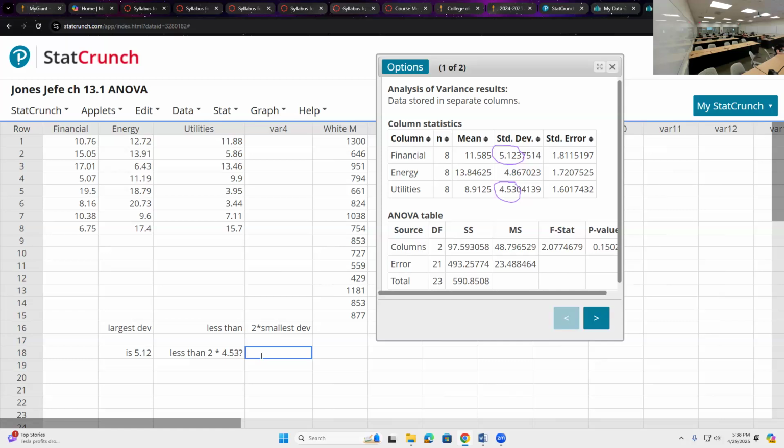Two times 4.53 is 9.06. Yes, 5.12 is less than 9.06. We're good to go on the standard deviations.